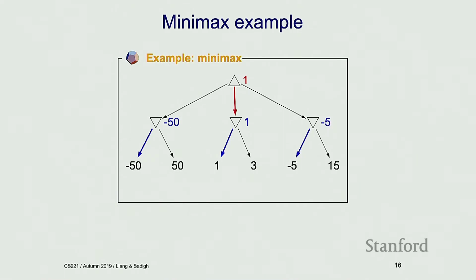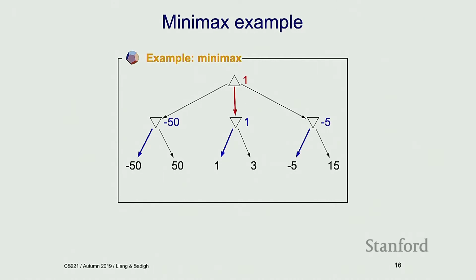So my opponent is really trying to minimize my value. What that means is from this bucket, I'm going to get minus 50. From this one, I'm going to get 1. From this one, I'm going to get minus 5. Under that assumption, I'm going to pick the second bucket because that gives me the highest value. So that is a minimax policy.